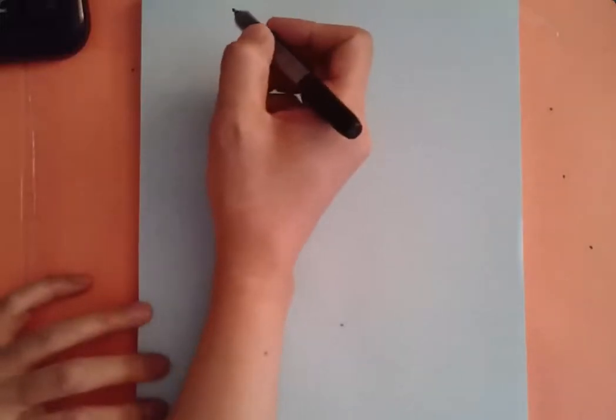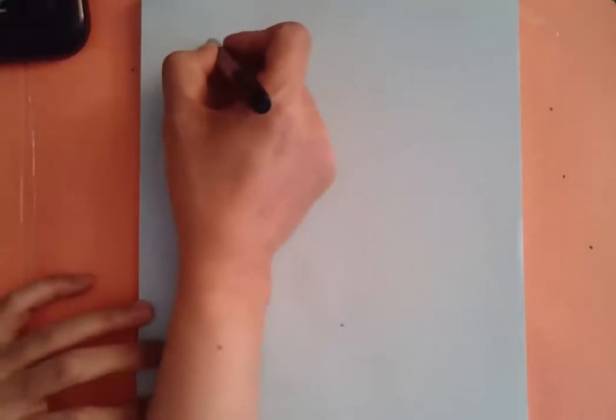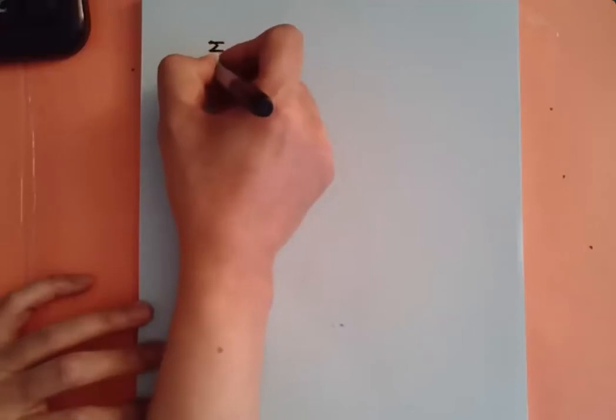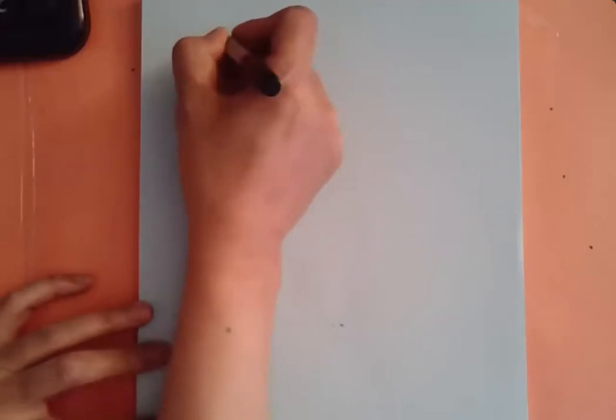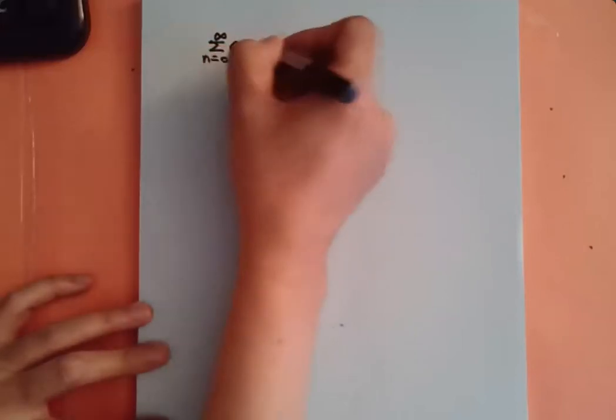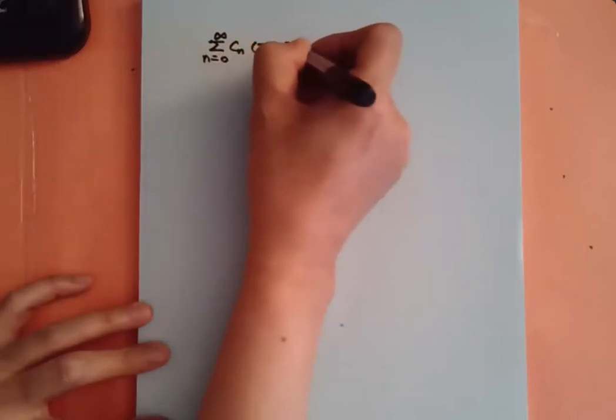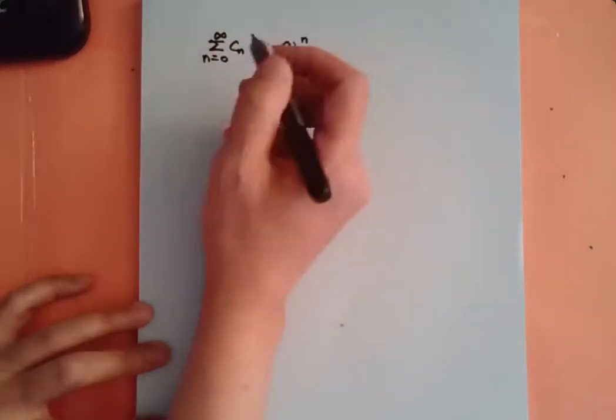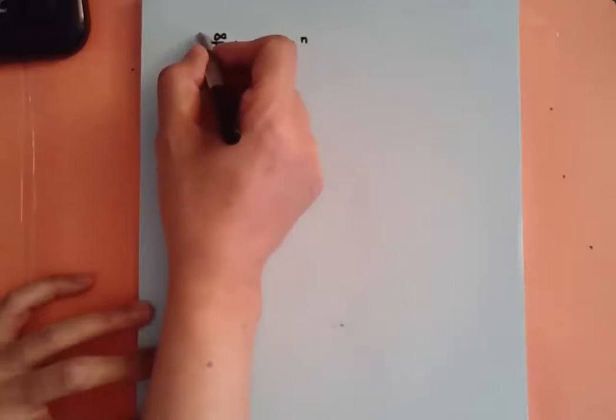Last time we started the differentiation and integration of power series. Let's suppose that the power series, the sum from n equals 0 to infinity of Cn times (x minus a) to the n, converges.